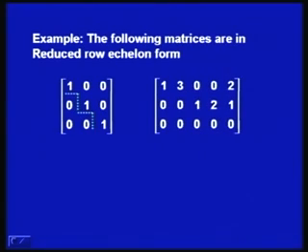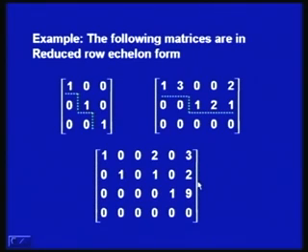This matrix is again in row reduced form, again all 0 rows here, leading ones, and all the properties are satisfied. This matrix has all zeros at the bottom, again a staircase pattern. So, this is again in reduced row echelon form.